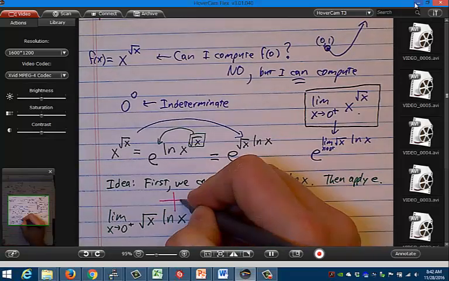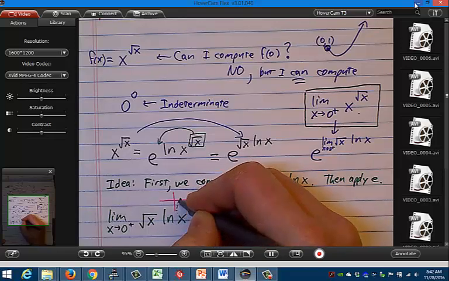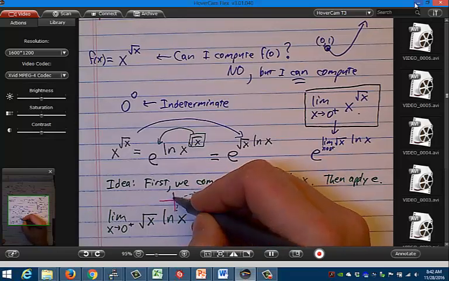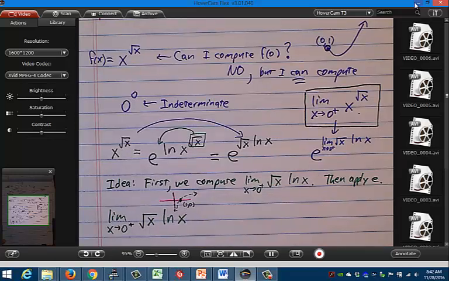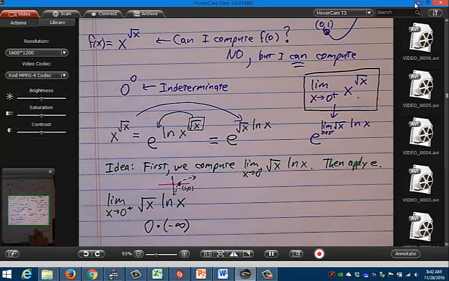It goes through 1, 0, right? But as you approach 0, it approaches this asymptote. You could say that this is a 0 times infinity form. This is 0 times negative infinity, okay?